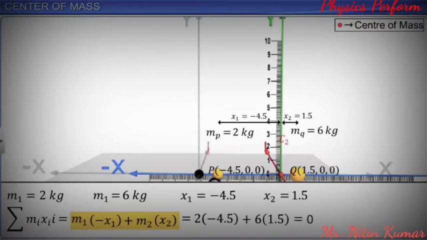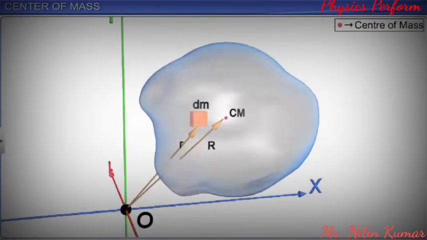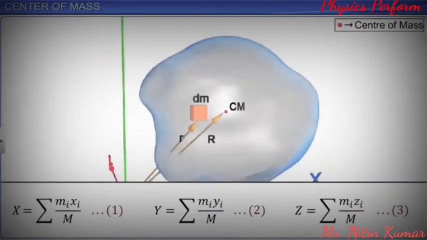When we deal with rigid bodies of continuous distribution of matter, we need to replace the summation symbol sigma in equations 1, 2, and 3 with an integral symbol.